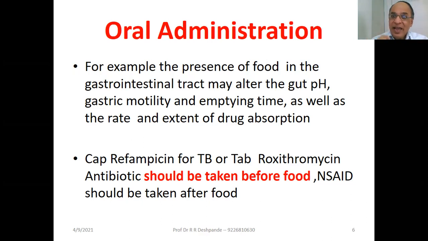But NSAIDs, non-steroidal anti-inflammatory drugs, which we always take for backache and arthritic problems, should be taken only after food, after lunch, after dinner, because otherwise it will cause peptic ulcer and drug-induced gastritis, if the patient consumes tablet Voveron or tablet Combiflam on an empty stomach.